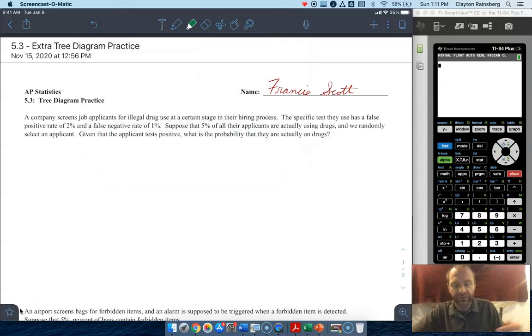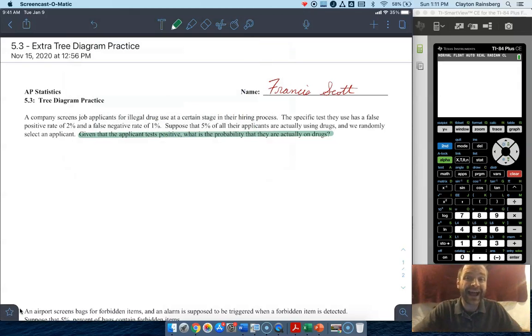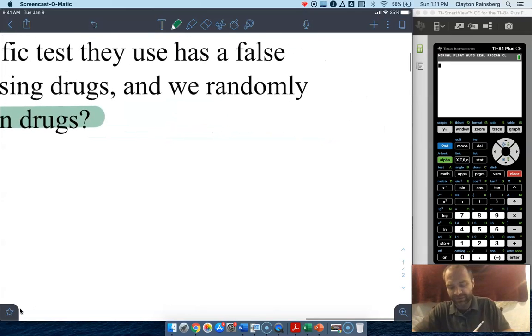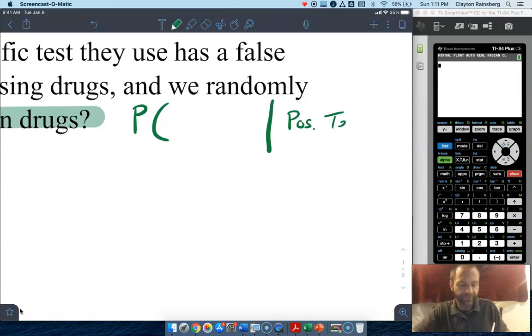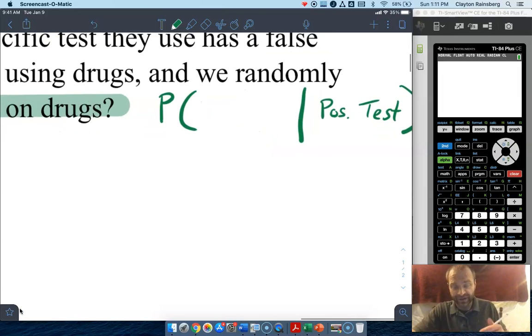State, plan, do, conclude. What are we trying to figure out? In symbols, given that the applicant tests positive, we're trying to find the probability that they are actually using drugs.